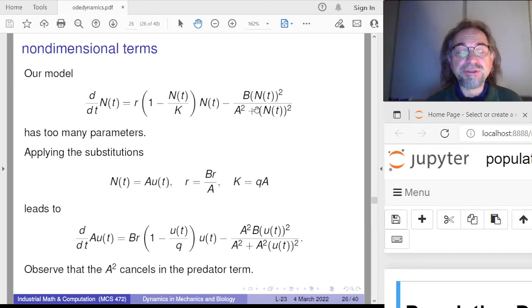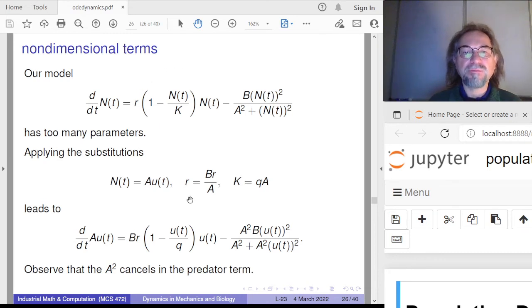Okay, so we're going to have an A then at the left hand side. We have a B sitting in the predator term, and we want the B to appear also in what I call the growth term, the first term.